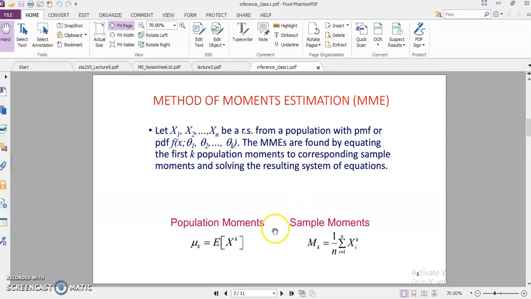So the population moment is mu k equal to expectation of x to the power k, and the sample moment is mk equal to 1 by n sum over xi to the power k. I need to equate mu k to mk to obtain an estimator through the method of moments.